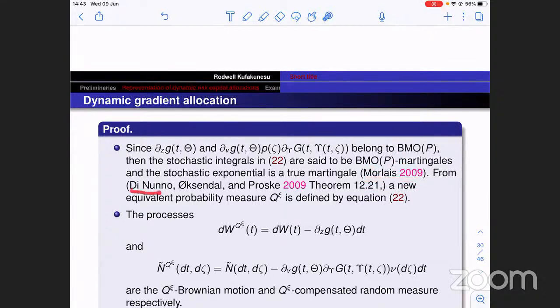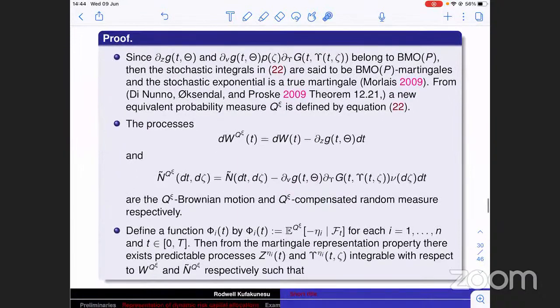And from Di Nunno et al. and others, theorem 12.21, a new equivalent probability measure Q is defined by equation 22. So the change of measure, in the classical sense, would represent sort of a market price of risk in some sense, but it is now wearing a partial derivative like this.